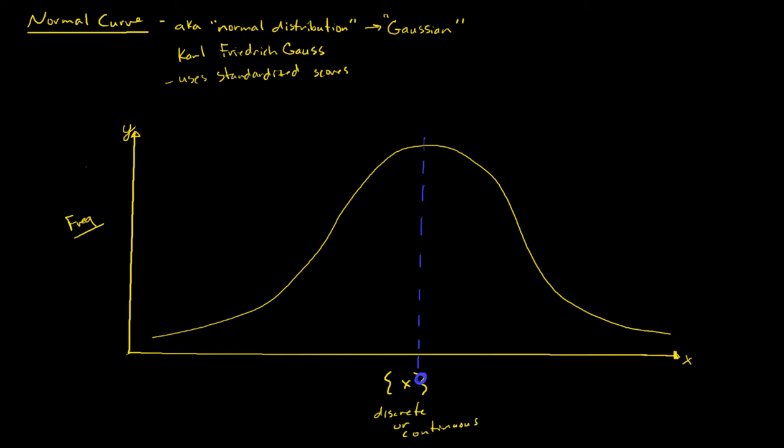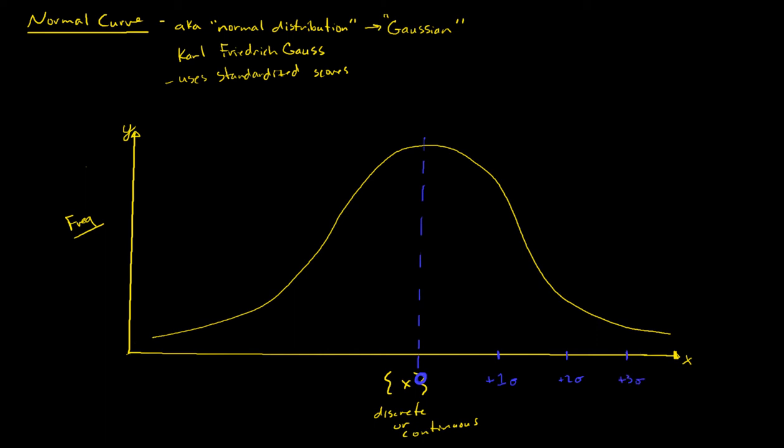And then what we're going to do is build a few other pieces in here. So let's call this one right here positive 1 sigma, using the lowercase Greek letter sigma. Then we'll go positive 2 sigma, and try to equally space this and go positive 3 sigma.